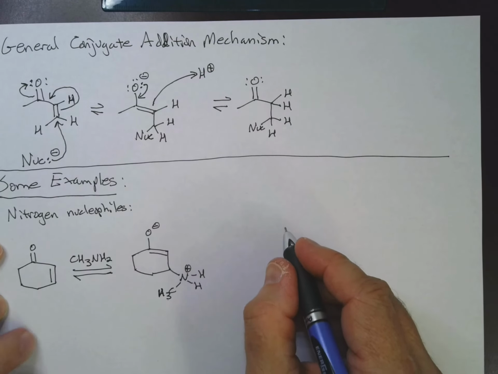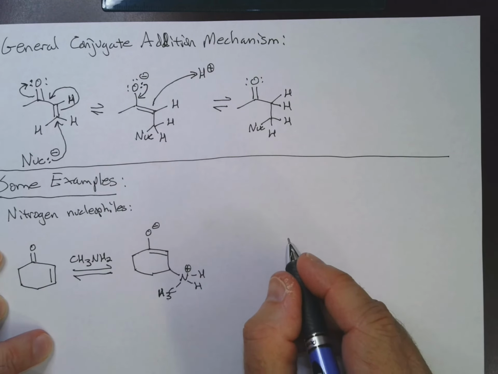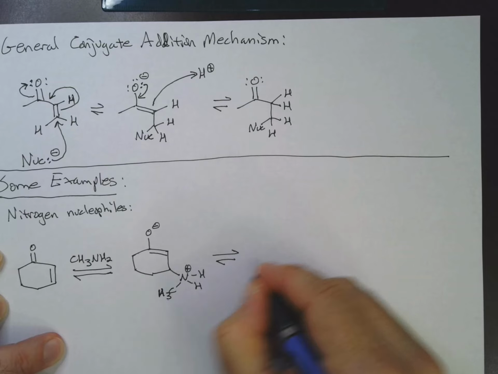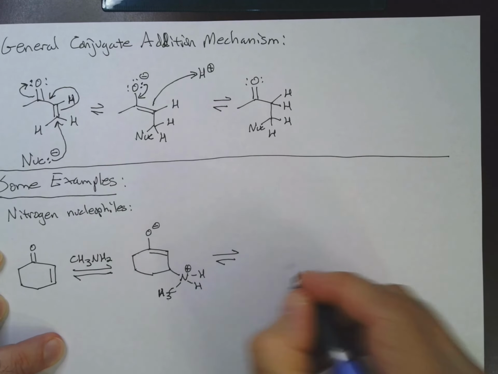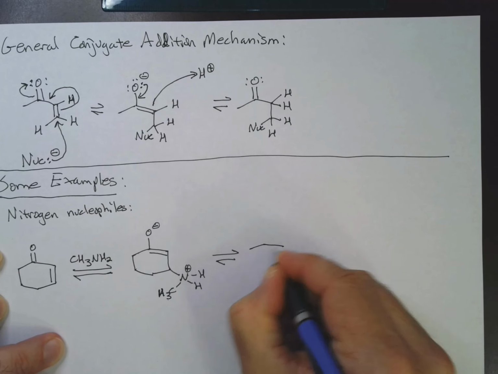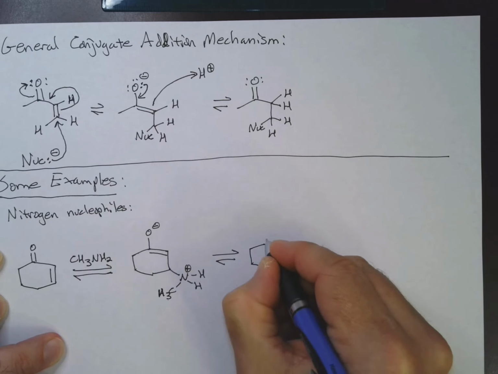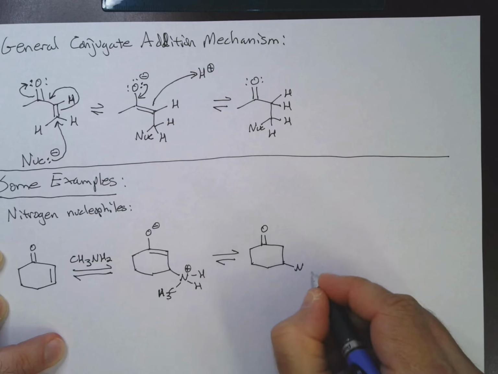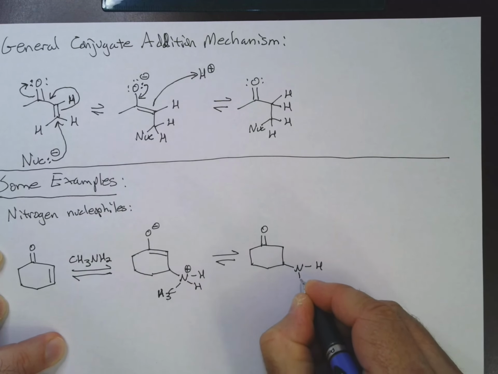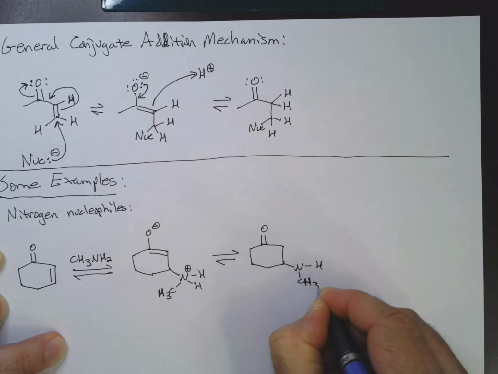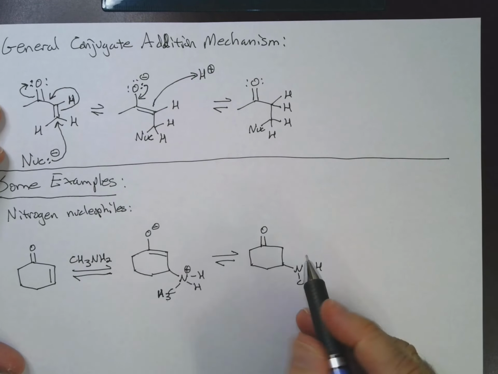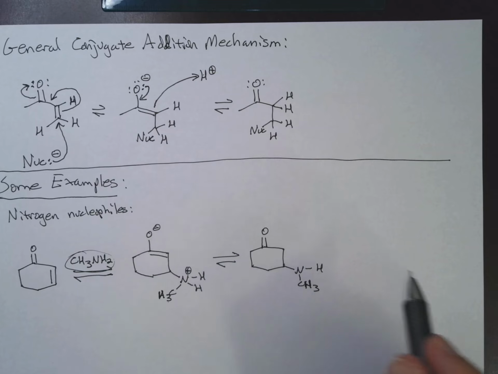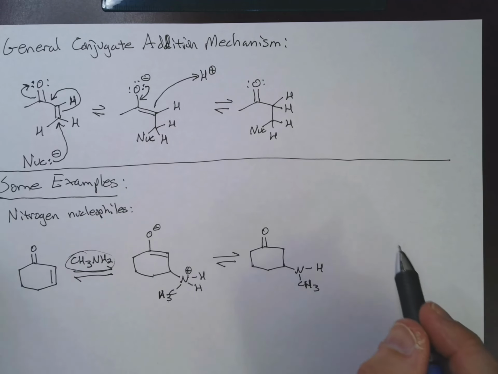And subsequent proton transfer is then going to give us this guy here. So a typical amine would be something that would add at the beta carbon.